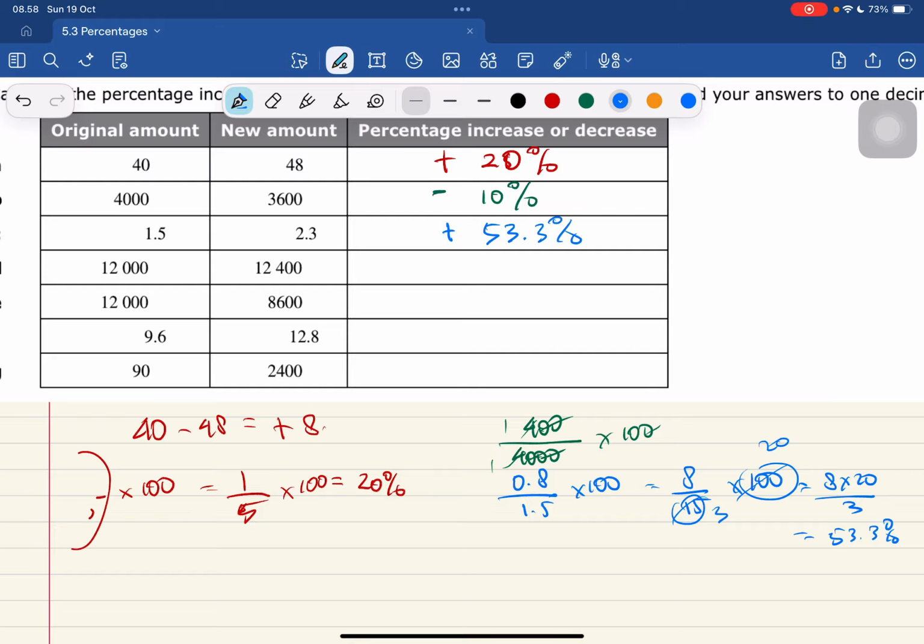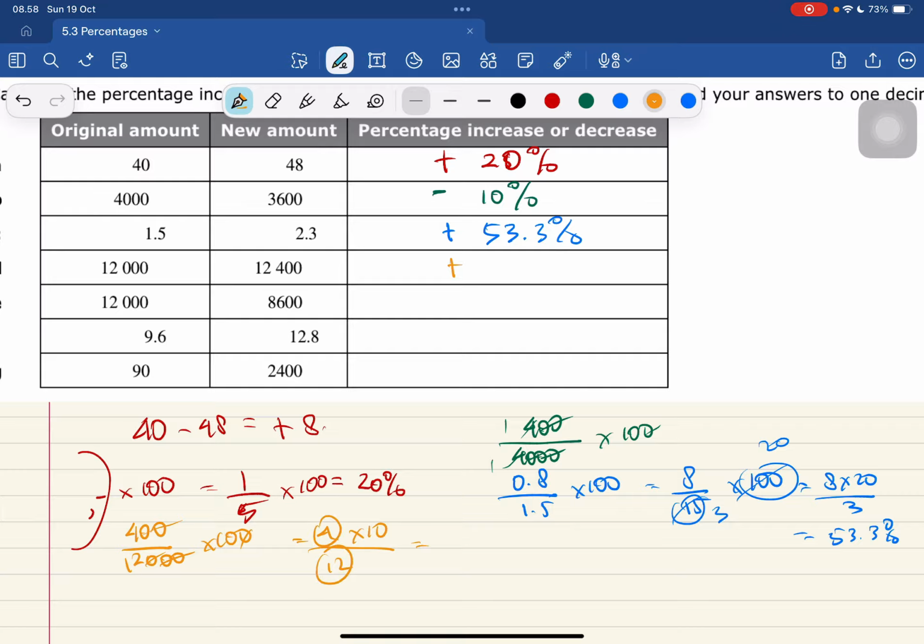Okay, next question, 12,000 to 12,400. So this is an increase. So the difference is 400. So 400, we divide by the original amount, 12,000, times 100. So we can simplify it. Divide by 100, divide by 10. So it's going to be 4 times 10 over 12.